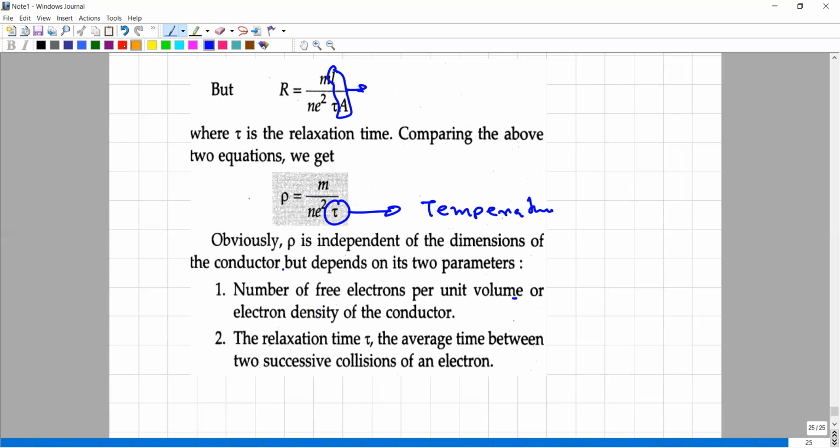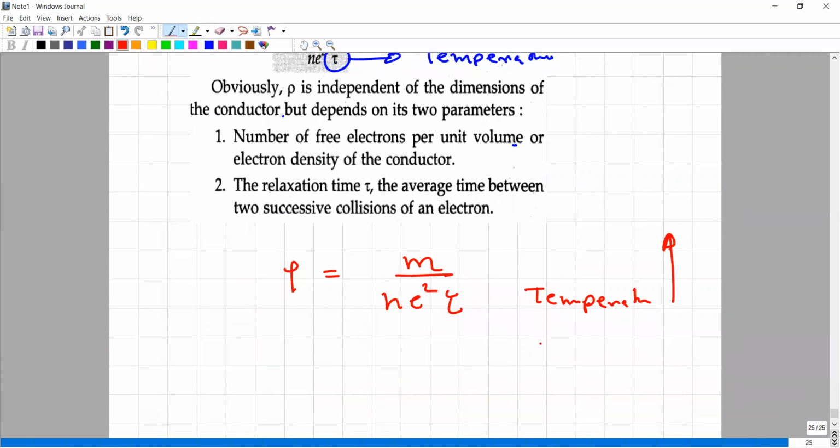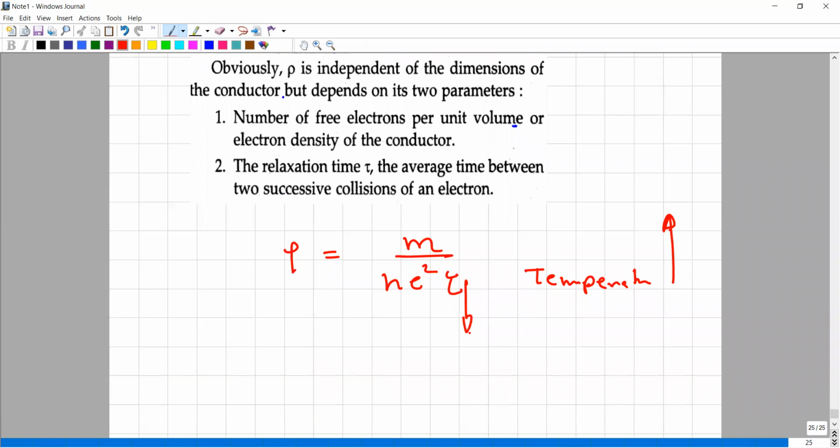So what was this relation with the temperature? Resistivity is equal to m by ne squared tau, and this tau depends on the temperature. So if temperature increases, relaxation time decreases, and if relaxation time decreases, resistivity will increase.